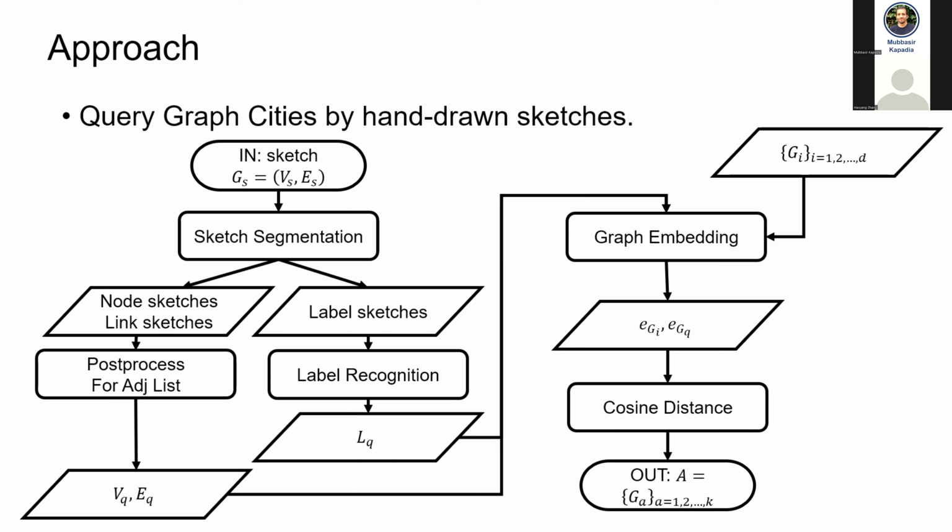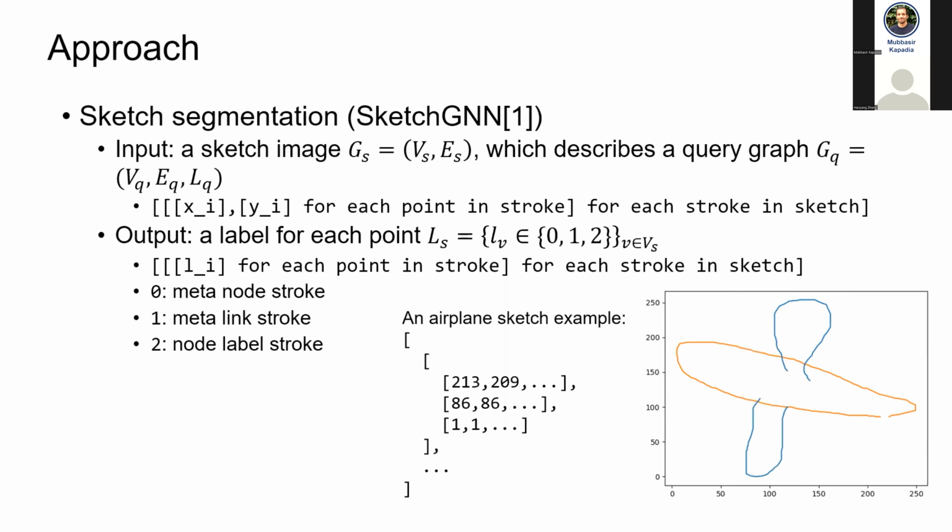For the labels, we do label recognition to get the label for each node, and we combine them and put them into a graph embedding, and that will return a vector embedding of all the graphs, and we can use the cosine distance to find the similar graph for the query graph.